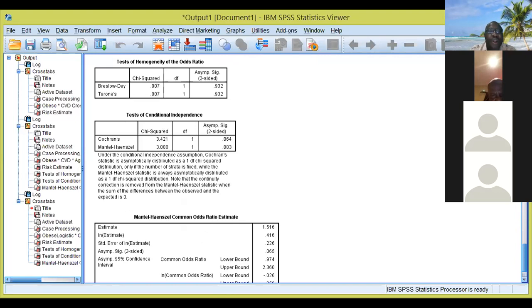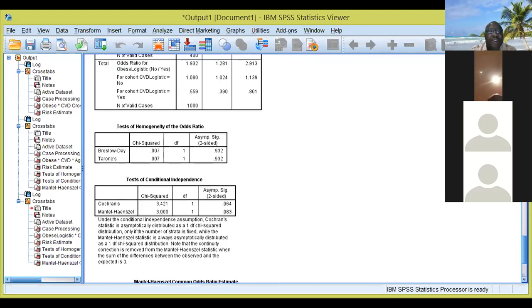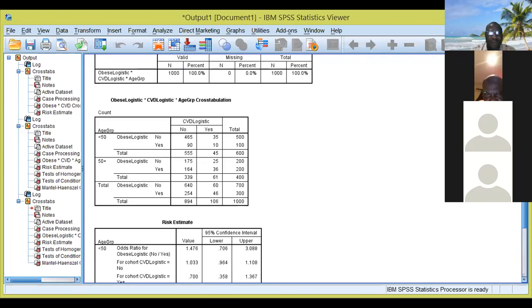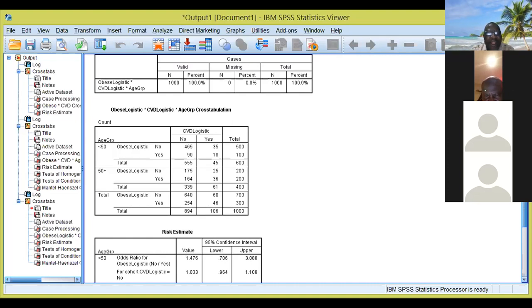You get the picture now. We didn't look at the relative risk.